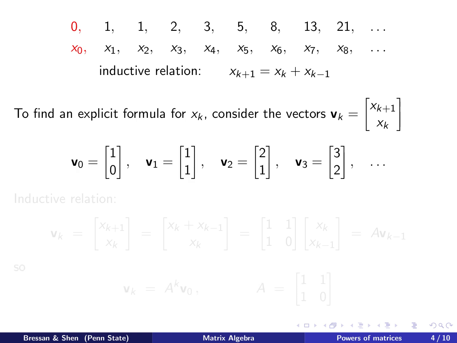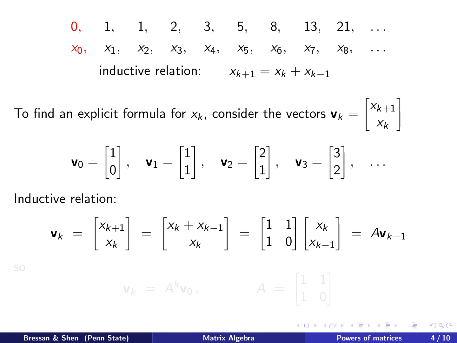Then we can write out v0, which will be x1, x0, so it's 1, 0, and v1 will be x2, x1, and v2 will be these two elements, and v3 here will be these two elements, and so on and so forth.